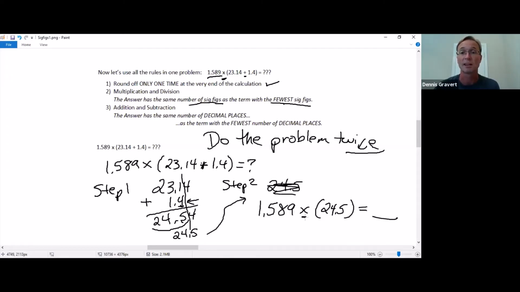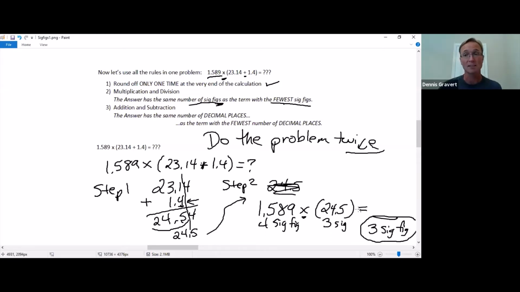Well, it's multiplying. That rule is count your sig figs. Fewest sig figs win. So this number has 4 sig figs. And after I round it off, this only has 3. And the answer then has to have how many? 3. 3 sig figs. Okay.